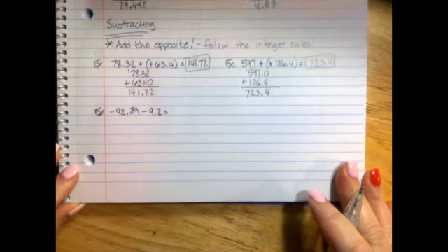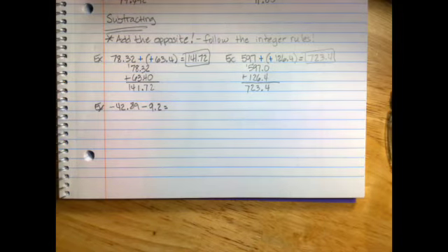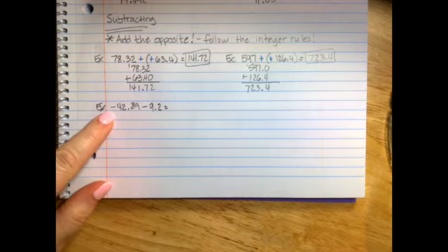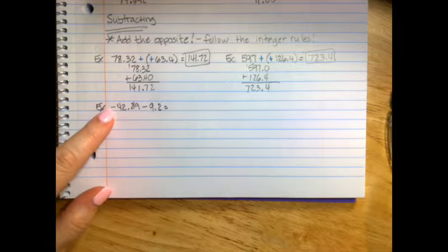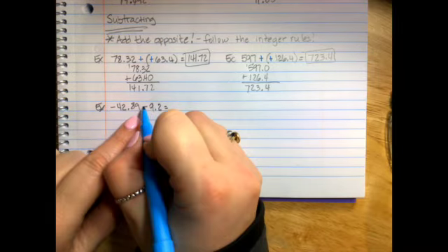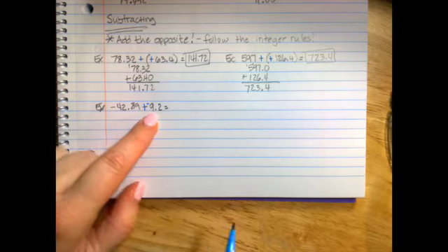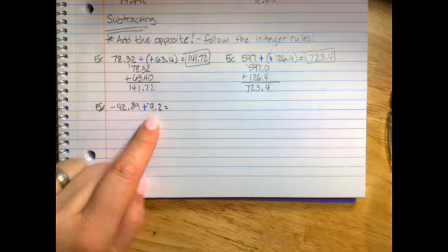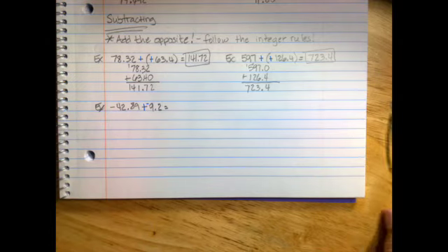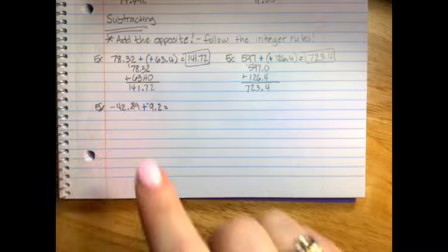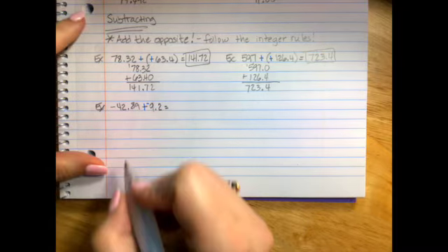All right, finally, last one. My first number on this one starts out negative. Okay, we could leave that alone. We need to add the opposite, which means I now have to make this negative. Okay, integer rules. Now that it's addition, same sign, find the sum.